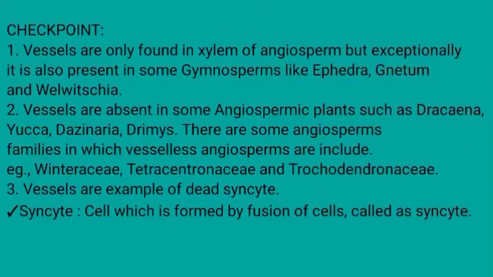Checkpoint. Vessels are only found in xylem of angiosperms, but exceptionally are also present in some gymnosperms like Ephedra, Gnetum and Welwitschia. Vessels are absent in some angiospermic plants like Dracaena, Yucca, Drimys.